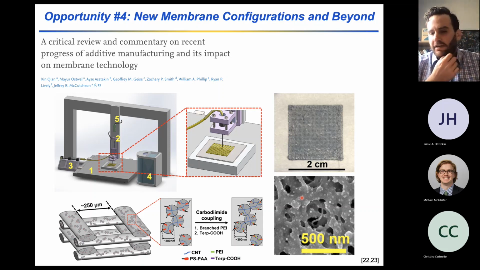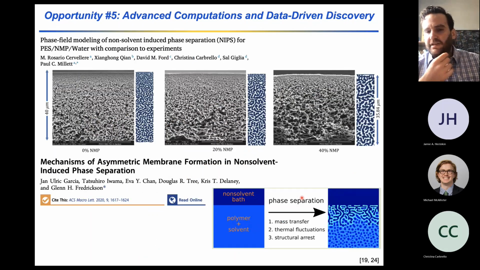And then I think just to speak to the complexity of the system, there are emerging opportunities in refined computation and data-driven discovery. And so there are nice models at the molecular scale using particle dynamics. There are nice models at the continuum length scale using traditional Fick's law type approaches with your transport equations. But bridging those length scales is very difficult.